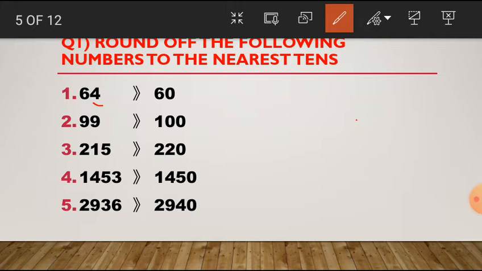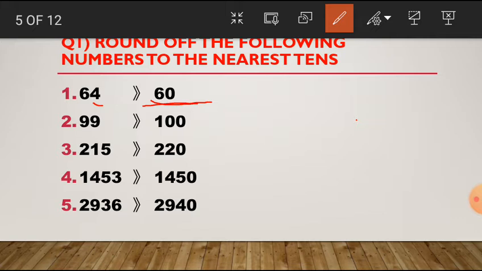So we can apply the first rule. What is the first rule? Just replace the ones place by 0. So we can write it as 60. So 60 is the rounded off number. Got it? So 64 we can round off to 60.